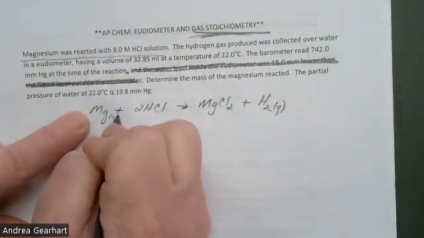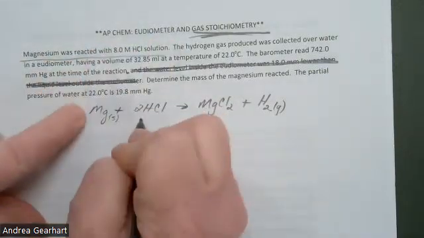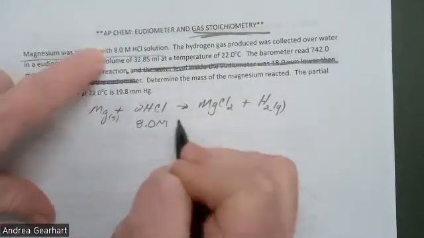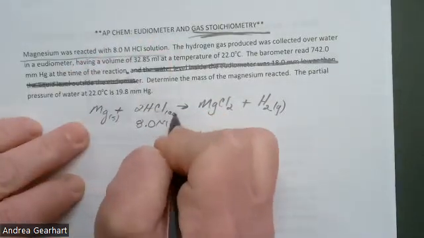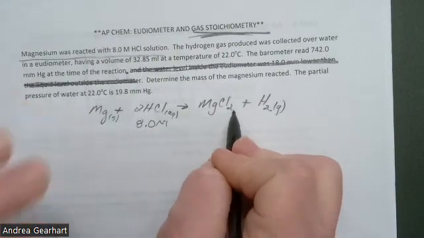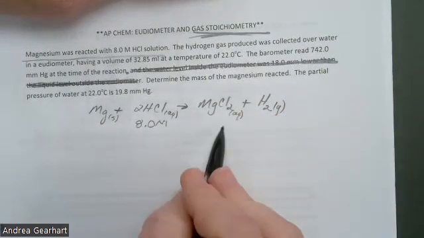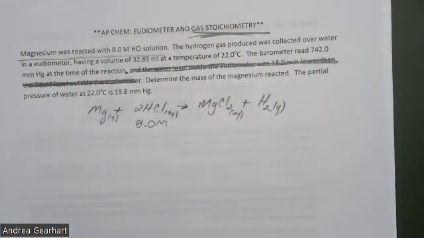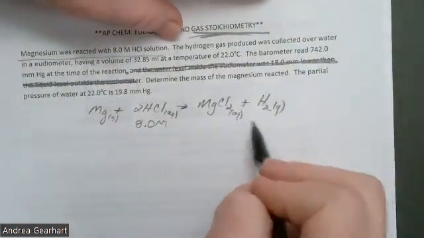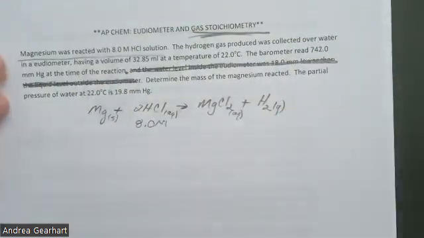Magnesium in its elemental form is a solid. We're given that it's an 8 molar solution of HCl. Magnesium chloride is soluble. I know it doesn't have any of the always ions, but it is soluble. The hydrogen that was produced was collected over water in a eudiometer.